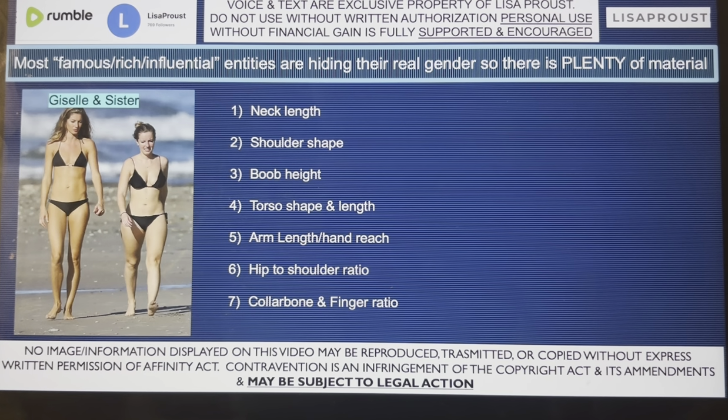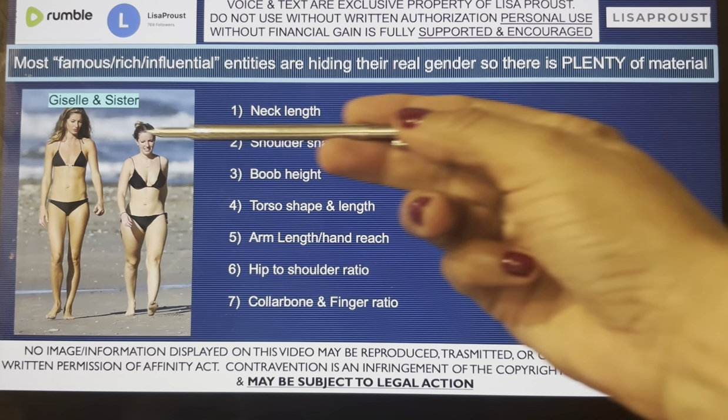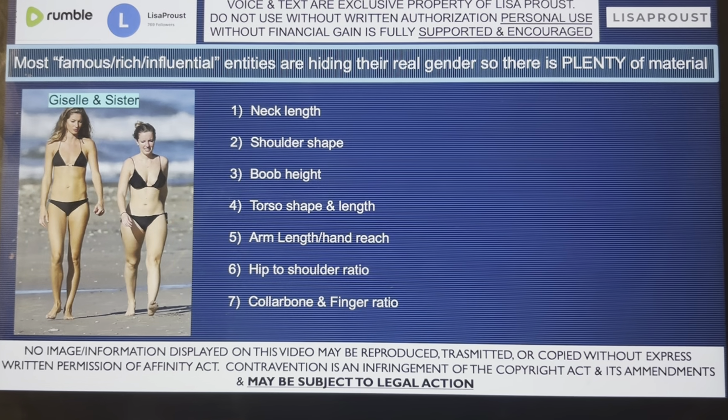The way we have seen in many videos in the past of how to detect a switch is by looking at a combination of multiple factors. It's not only one. Here is an image from multiple years ago when this very famous model was walking beside her sister, and we see the differences in the length of the neck and the shoulder shape, here very square, here sloping.